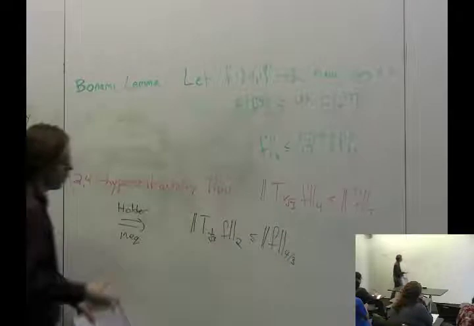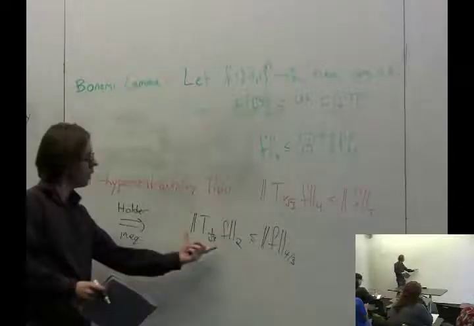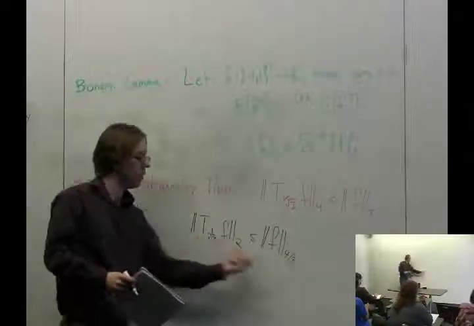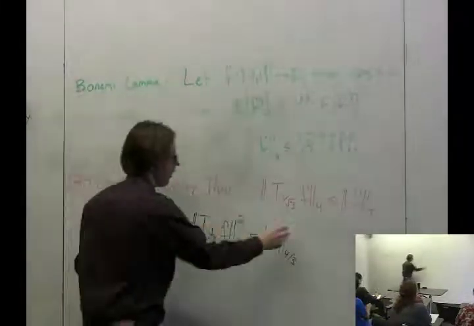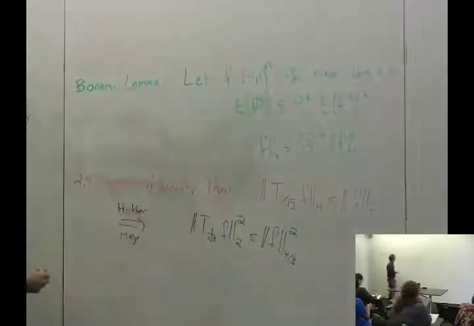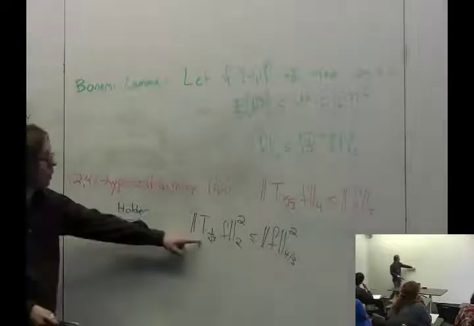So it's another way of quantifying the fact that this is a smoothing operator. Once you apply it to something, even a big norm is smaller than a smaller norm. And if you square this, then these are even equivalent. This thing becomes the noise stability of f at parameter 1/3.